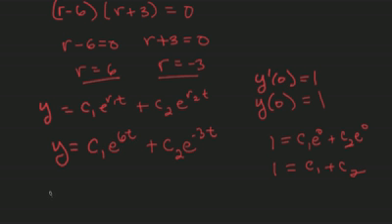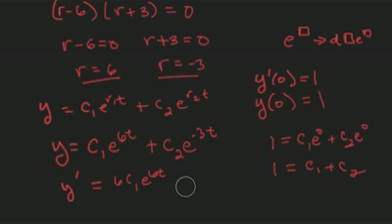So if you were to take the derivative of this, for instance, we need the 6, right? Derivative of e to the box is derivative of that box times what you had originally. So it'd be 6 c1 e to the 6t plus, well, actually it'd be minus negative 3 c2 e to the negative 3t.